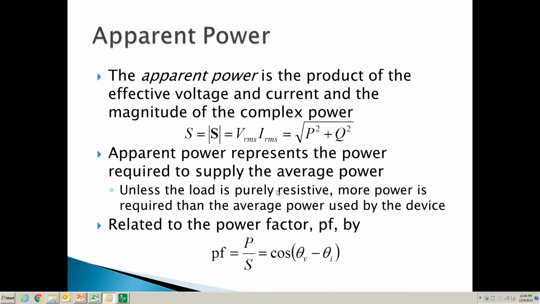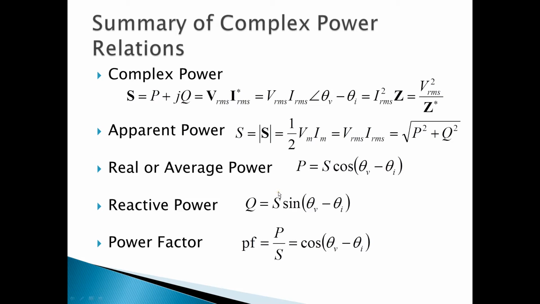So in conclusion, here is a summary of all the complex power relationships. Again, complex power can be represented as a vector. And the reason we want to represent it as this complex vector is that we can calculate the complex power based on the product of the phasor RMS voltage and the phasor RMS current. Again, we know how to relate the RMS voltage to the peak or maximum voltage.